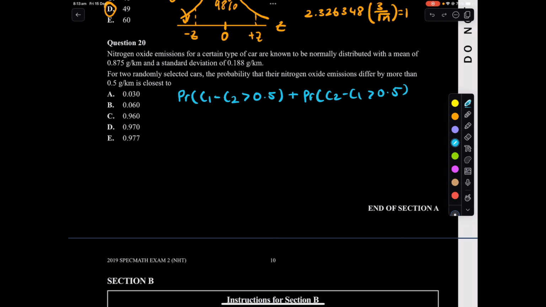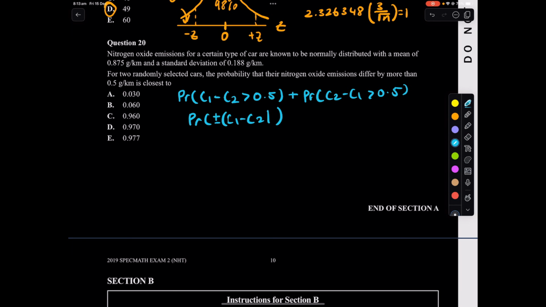Normally in exams, they write it like this. They could write it as the probability of, say, the absolute value of car 1 minus car 2, which is the same as this, by the way, because the absolute value is just replaced by plus or negative.